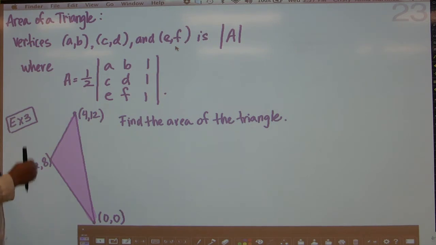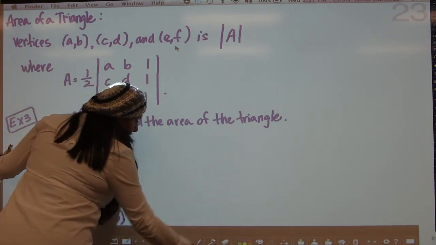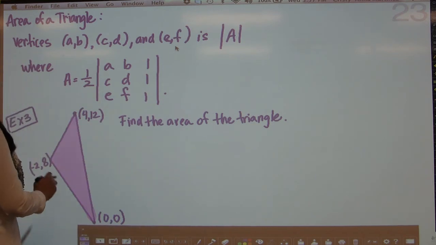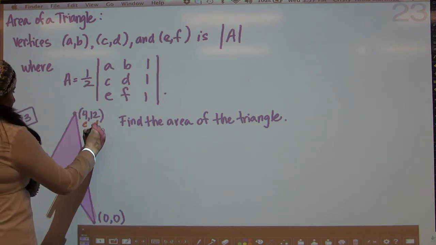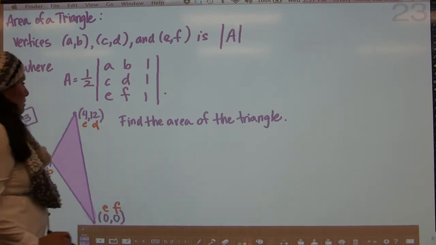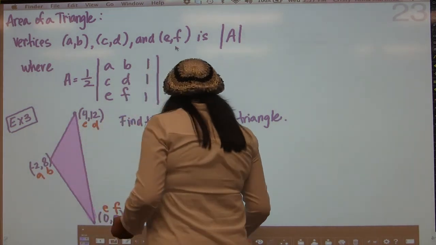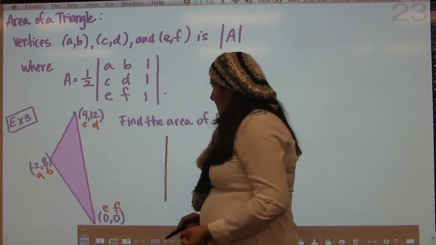So in example 3, it's asking us to find the area of the triangle. So we're going to do that. And one of the first things you want to do is identify what A, B, C, D, E, and F are. And then we're going to set up our matrix.